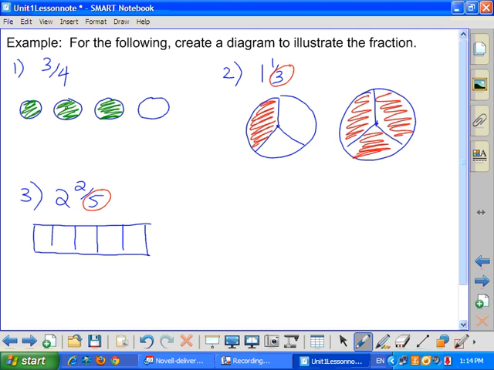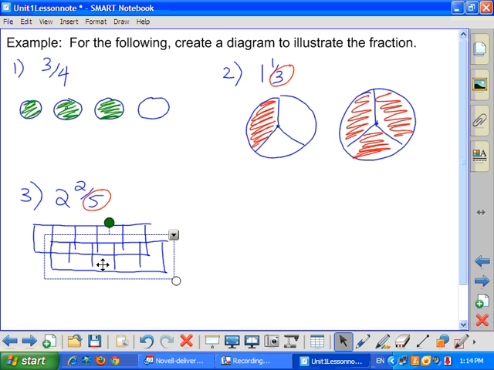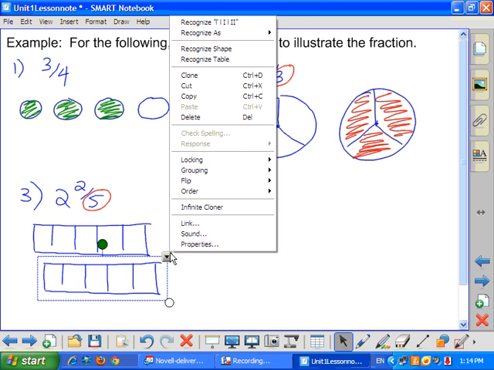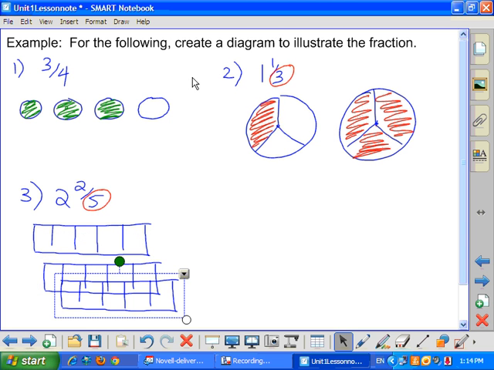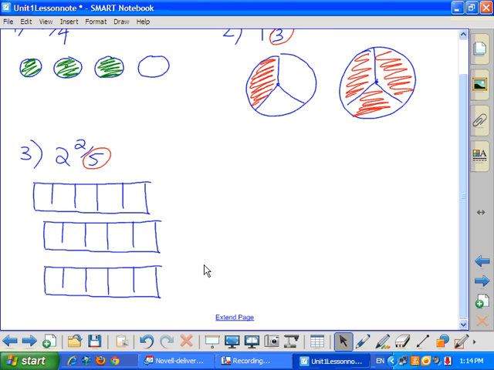Okay, and I'm going to want to have a couple of these. So I'm going to cheat and just clone them. I know you can't do that with yours, but I guess you should get a smartboard. All right, so I need to color in 2 of the 5. So there's 1, there's 2.